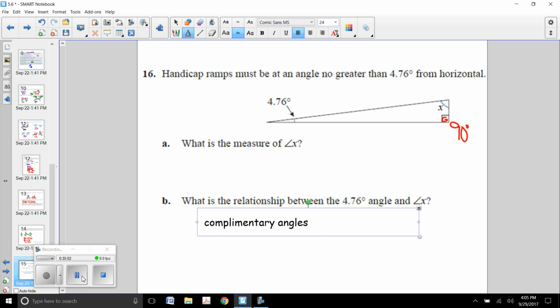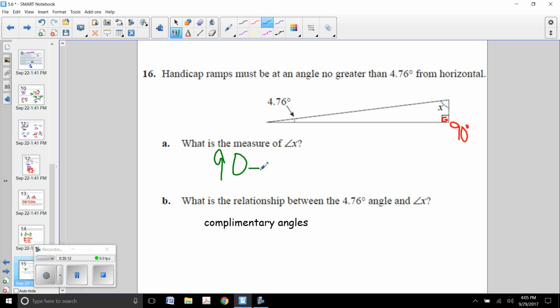And so instead of having to do 180 minus 90 minus 4.76, we can just do 90 minus the 4.76 to say that the measure of angle X equals, and when we subtract, we get 85.24 degrees. Because again, in a right triangle, the two angles that aren't the right angle are complementary to each other.